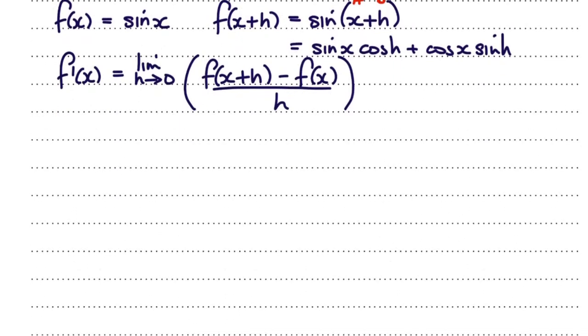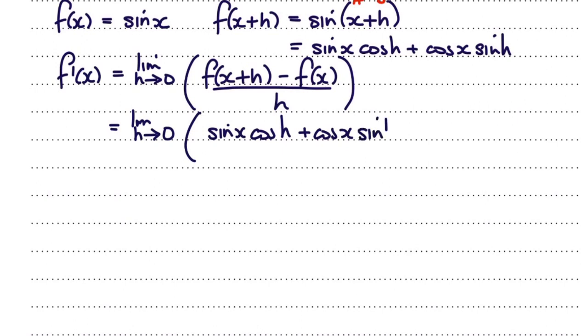So I'm going to put in what I know. It's the limit as h tends to 0 of sine x cos h plus cos x sine h minus sine x, over h.